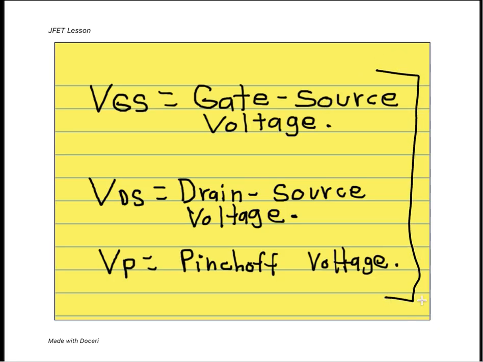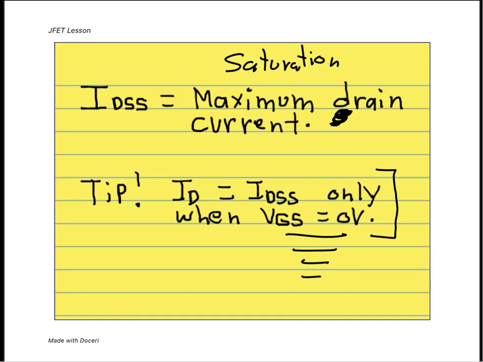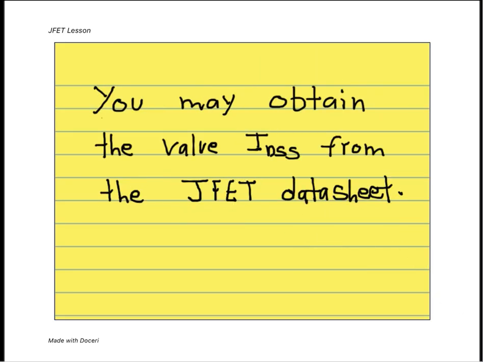Once again, just a review of the basic terminology. IDSS, this is like saturation. This is the maximum drain current, and as I mentioned earlier, it only applies under that condition.